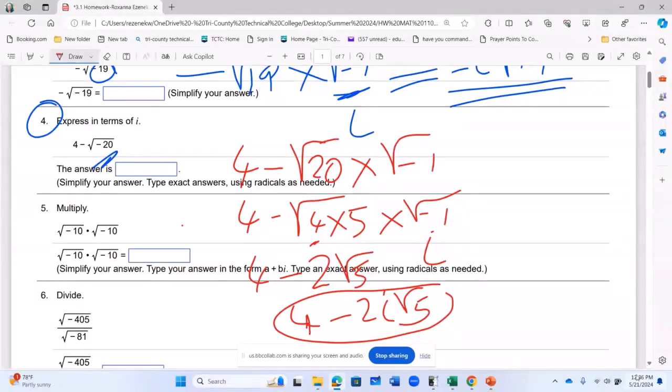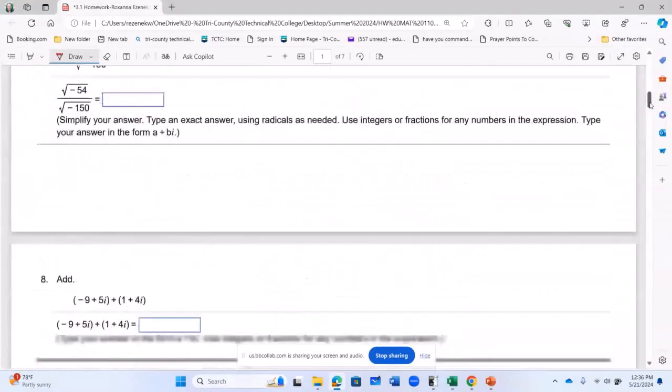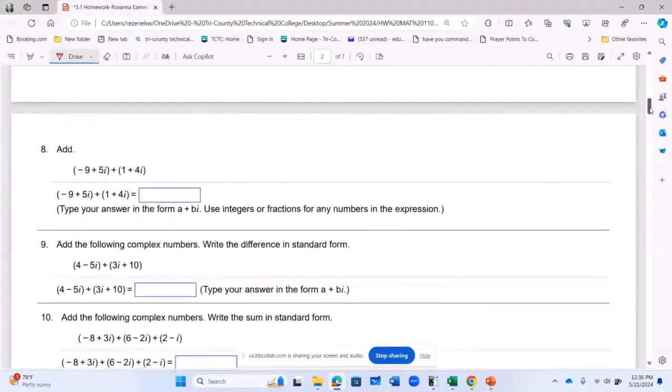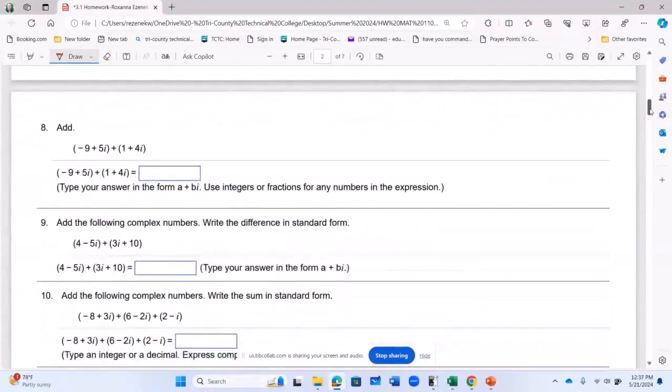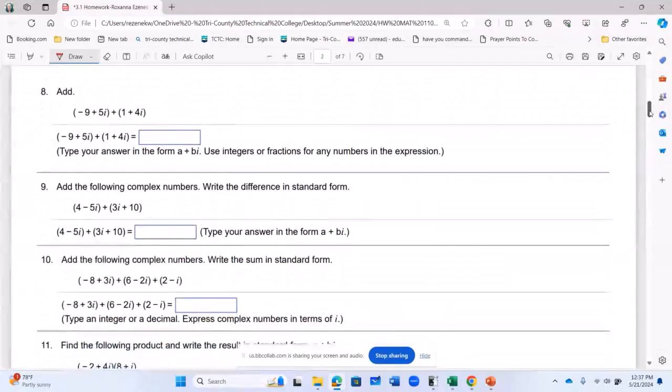Okay, so we can now go down and do some other manipulations before we go to unit 2. We can be told to add or subtract. If I'm told to add complex numbers, I will add like terms. So I add real parts to real parts, imaginary parts to imaginary parts.